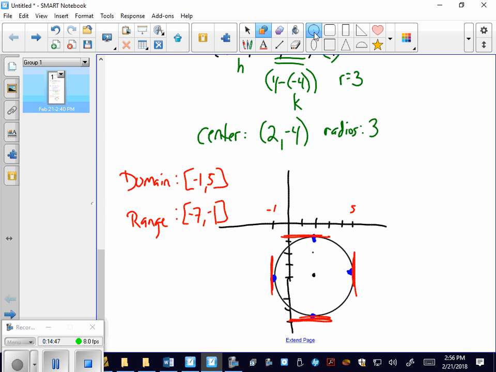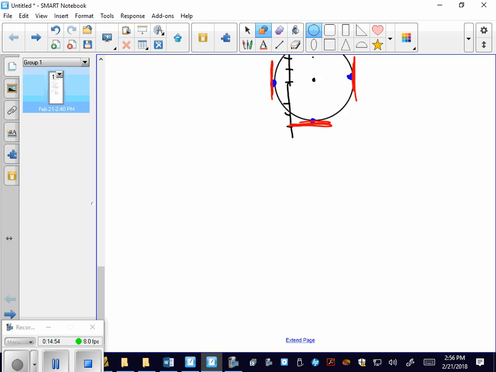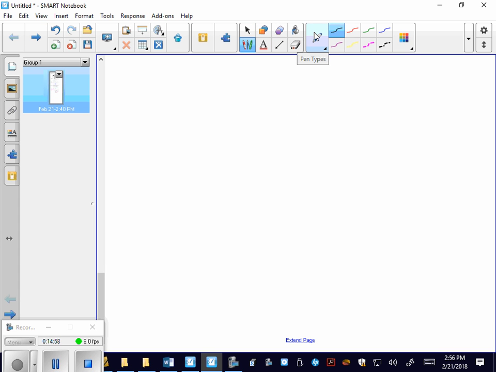Okay, probably the hardest part about doing these, and this will be the last thing that we talk about, is if you are given what is called the general form of a circle.